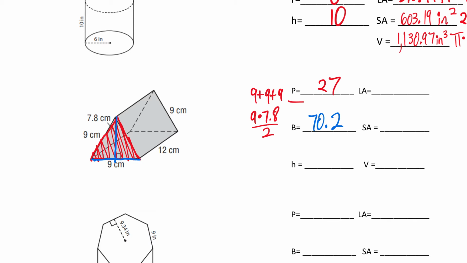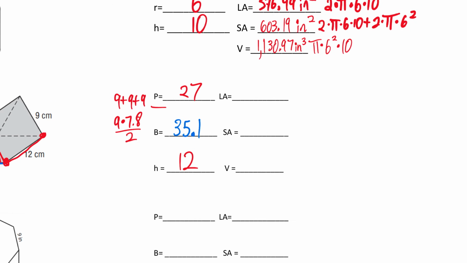63, yeah, so that's, it's what? 35.1. Is that right? Okay, and then what's the height? It's 12, the distance between the bases.